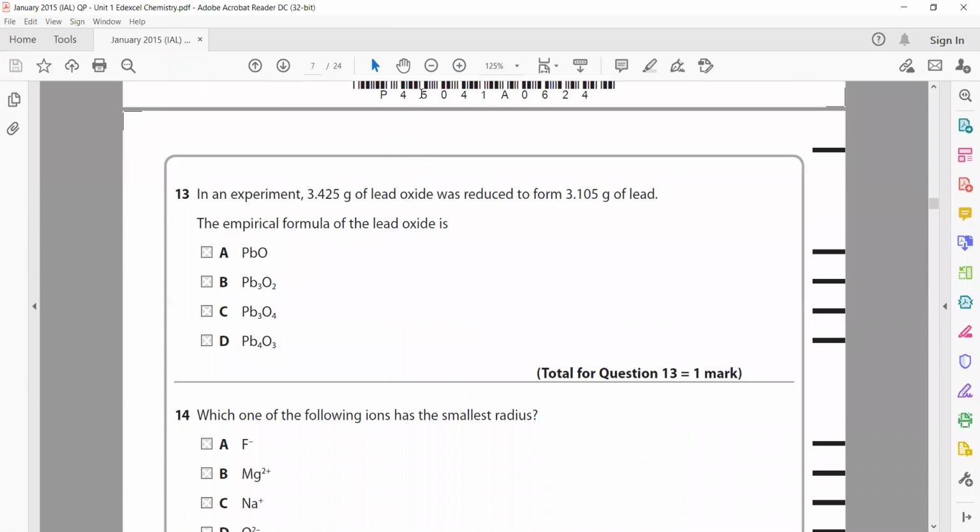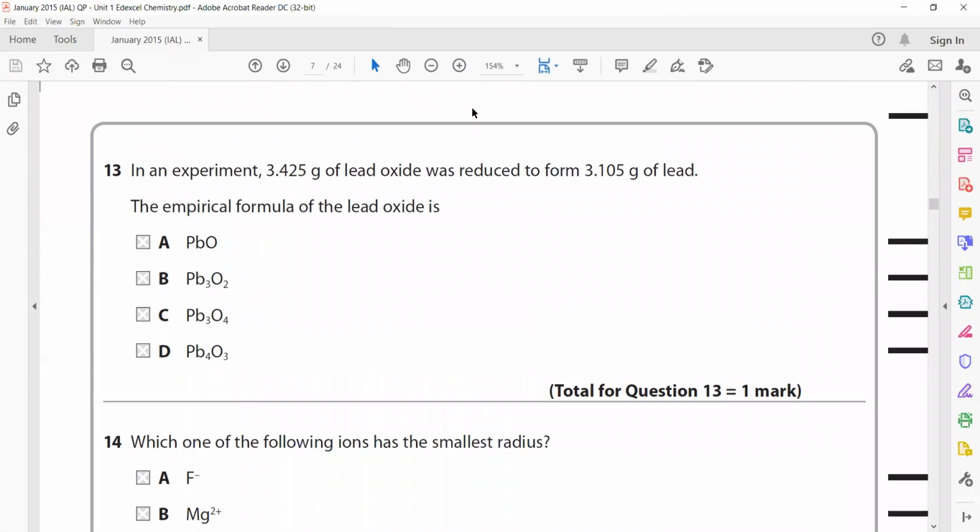In an experiment, 3.42 gram of lead oxide was reduced to 3.105 of lead. What is the empirical formula? So what is the mass of lead here? That is 3.105. And what is the mass of oxygen?